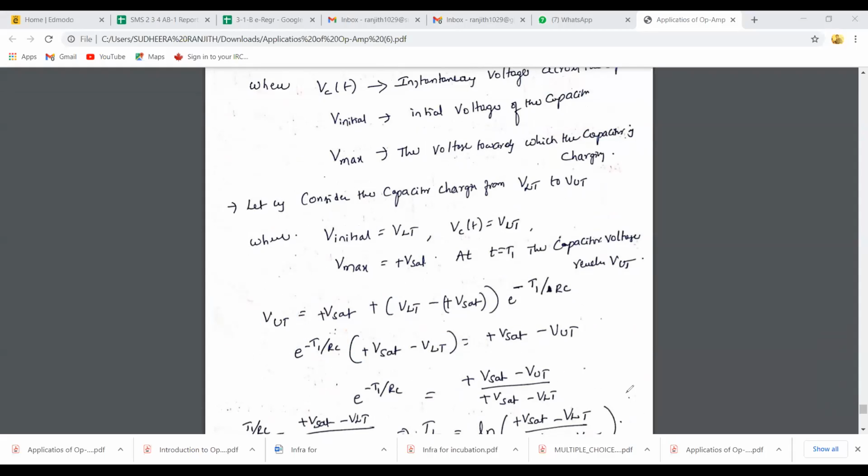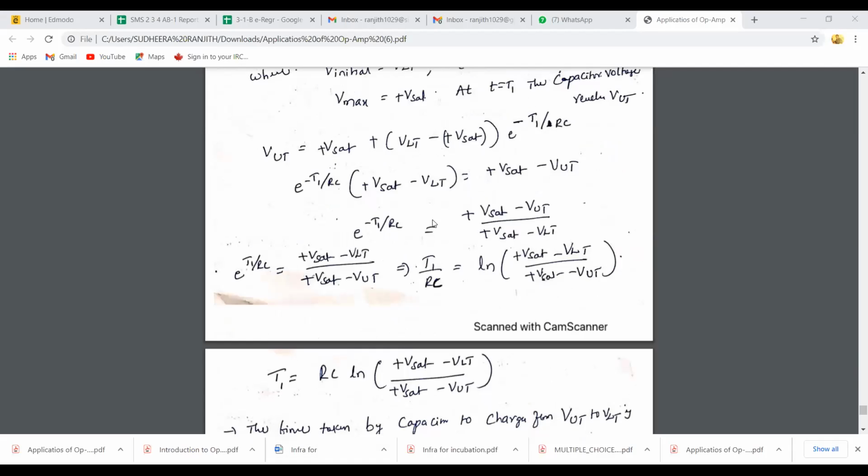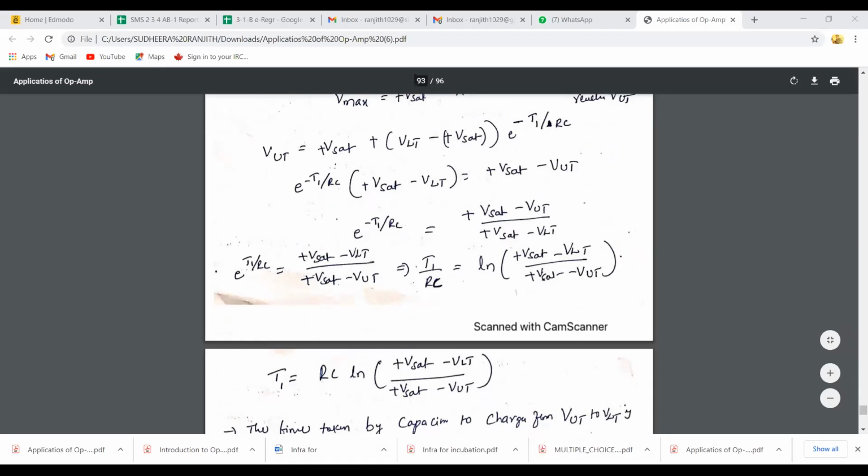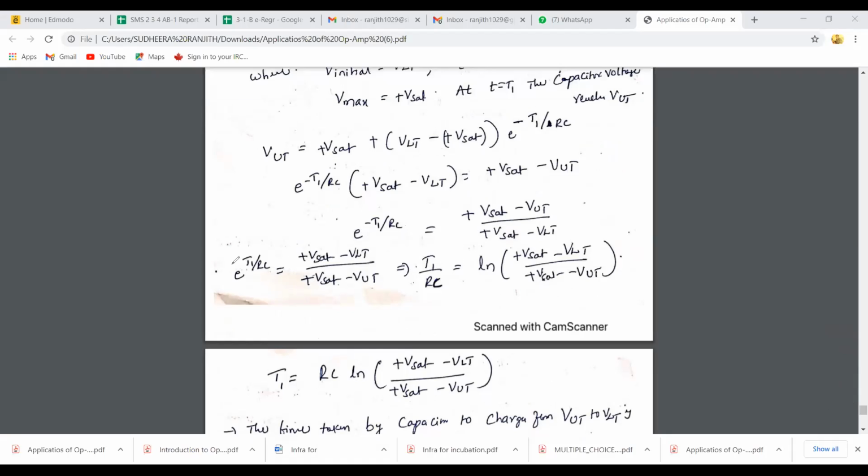Right. So e power minus T1 by RC equal to this equation, right?